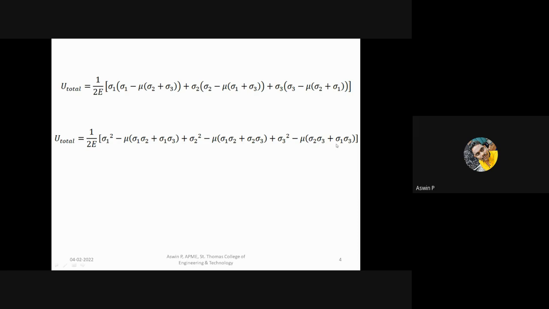So you can take it as 1 by 2E into sigma 1 square, sigma 2 square, sigma 3 square as a common term. And since every term in the bracket appears twice, this can be written as 2 into mu into sigma 1 sigma 2 plus sigma 2 sigma 3 plus sigma 1 sigma 3.